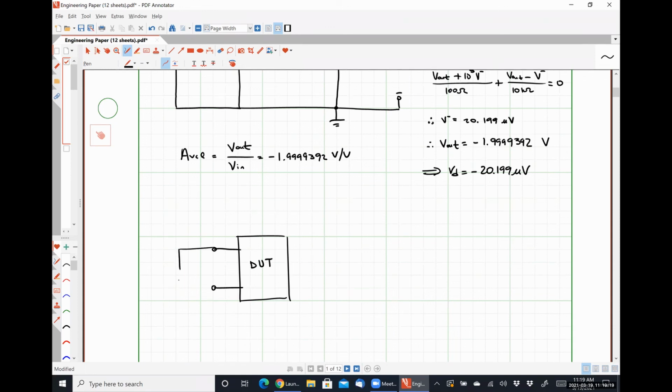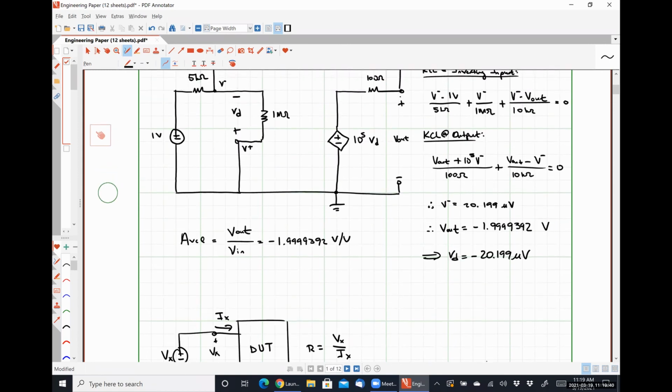If I apply some known voltage, Vx, across the device and measure the current flowing through it, its resistance is simply the ratio of Vx over Ix, okay?